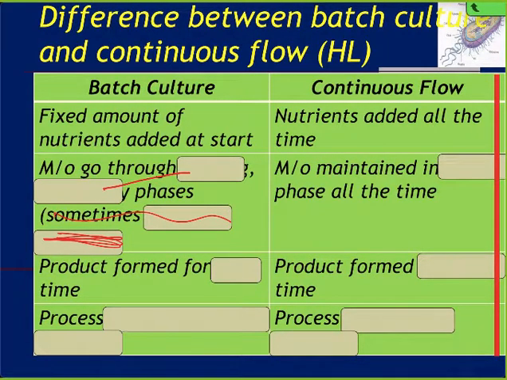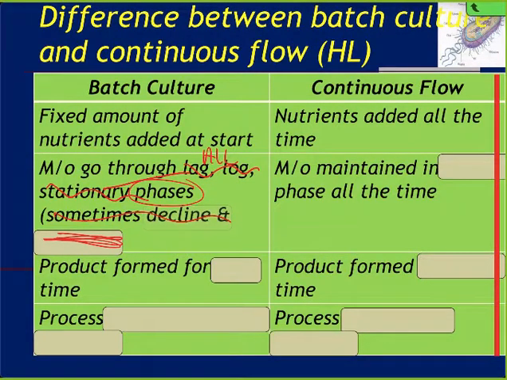Goes through all phases. Yeah, it's going to go through all phases. Here it's going to be maintained in log. There is no decline or death. So over here it's log, and this is all. What's the difference in your product formation in batch and continuous?